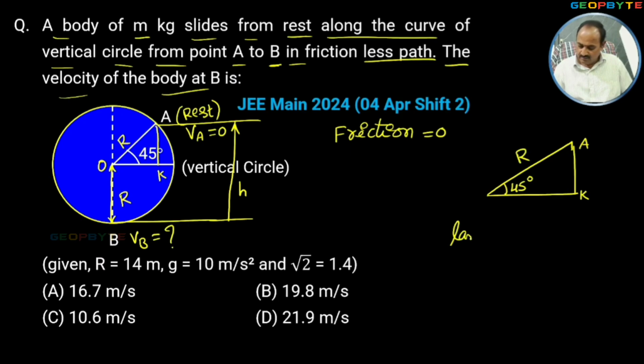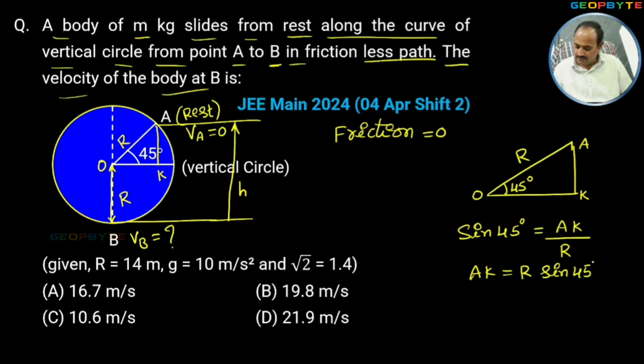I want the AK distance. For that, let us take sine 45 degrees, equal to opposite side AK by hypotenuse AO, that is R. From this, AK equals R sine 45, so R by root 2.